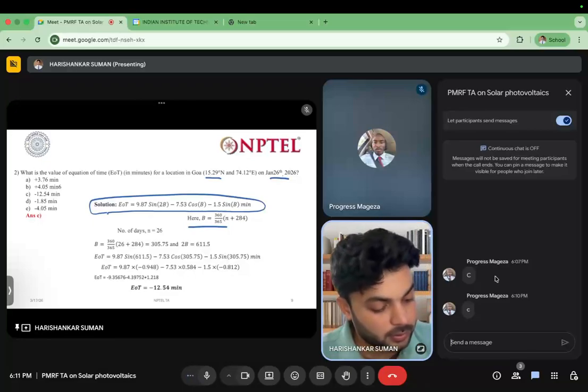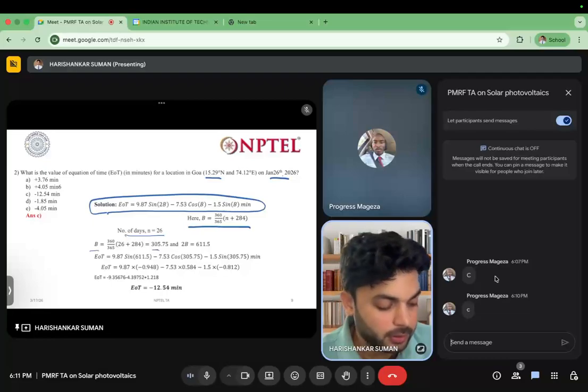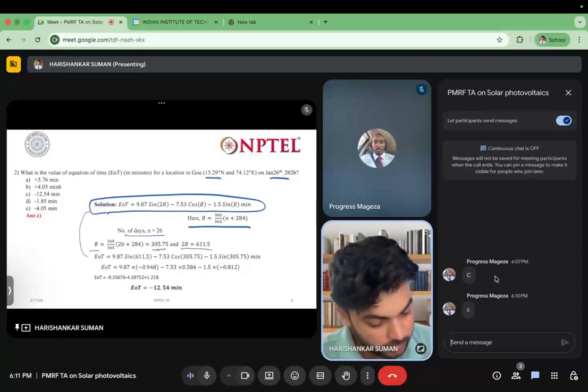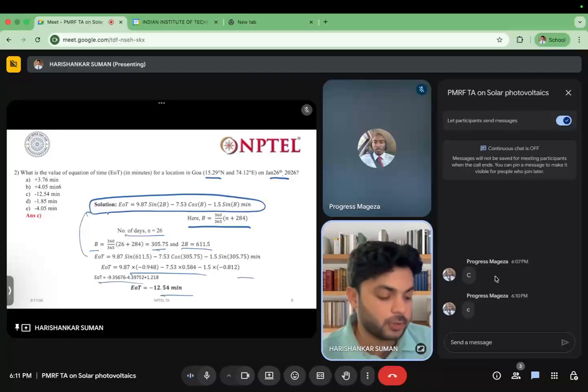So n is 26, and you have to put n. First please calculate B and n. B we will get 305.75, and 2B is double. Just put it in this equation, you will find the EOT is minus 12.54. So please remember this formula for exam purposes.